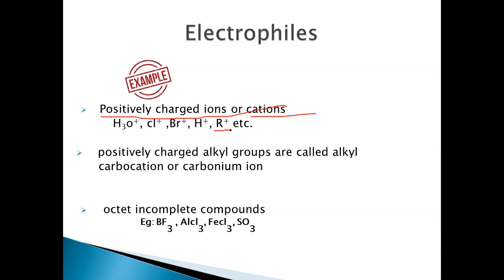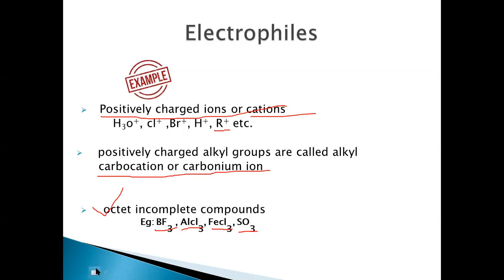What are these R plus called? These are alkyl groups which are positively charged, called carbocations or carbonium ions. And the second category is octet incomplete compounds like BF3, boron trifluoride, aluminium trichloride, FeCl3 or SO3.